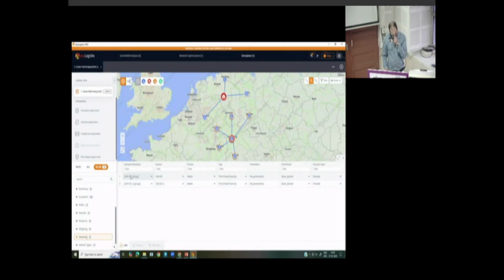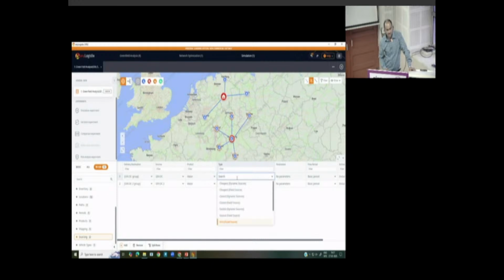Sourcing. GFA DC Group 1, first DC. So water, first fixed source, because we don't have any suppliers here. We are saying that stock is available there. First fixed source. Look at here, guys. What options you have in the sourcing? What are the sourcing policies? Single sourcing, multiple sourcing. Okay. So here, cheapest dynamic sources.